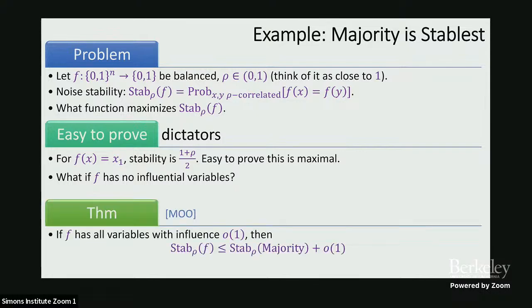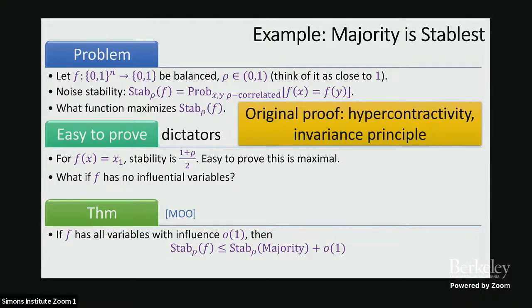Then it turns out that the answer is much more interesting. And morally speaking, it says that among all of the functions with small influences, the one that maximizes the stability is the majority function. And the proof of this theorem, at least the original one by Mossel and coauthors, uses some very fancy analysis of Boolean functions, in particular hypercontractivity, which we've seen, and the invariance principle, which we haven't seen, but probably we'll see at some point in this semester.